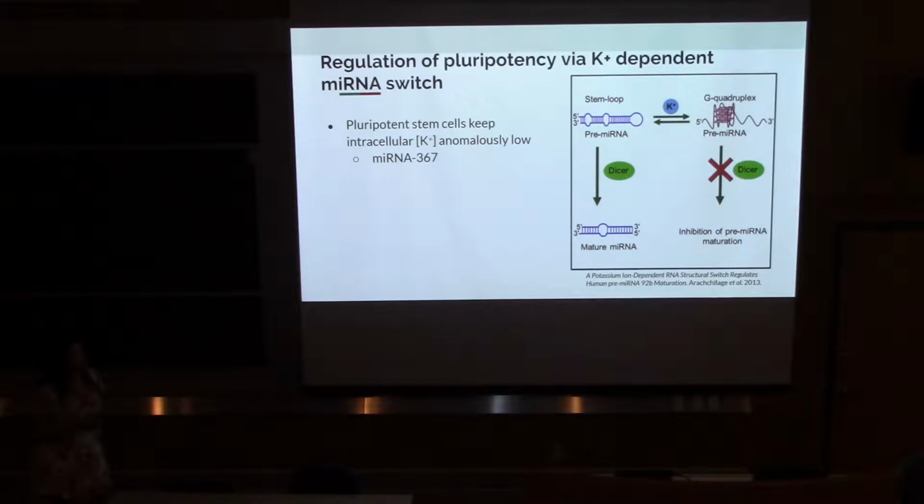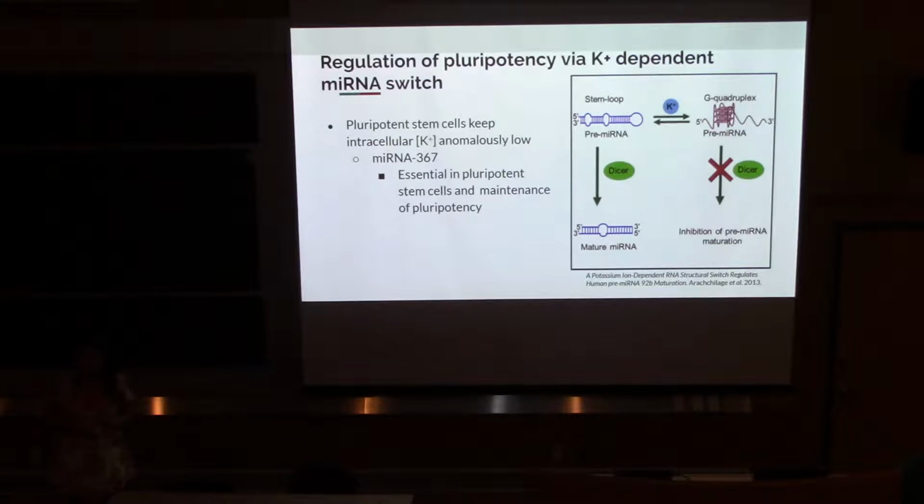Well, there is this microRNA, miRNA 367, which is a non-coding RNA that acts as a silencing molecule to modulate gene expression. Now this miRNA is essential in pluripotent stem cells and actually maintains pluripotency. Most importantly, it is regulated by intracellular potassium concentration.